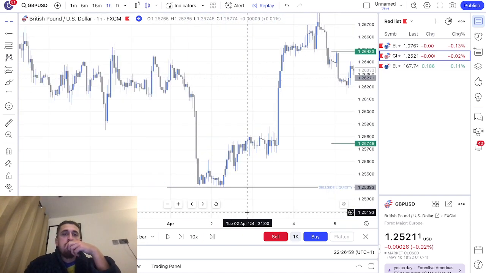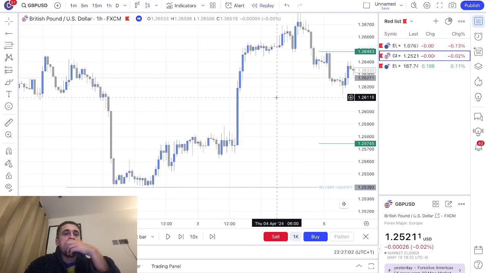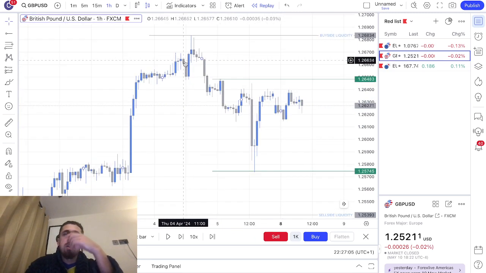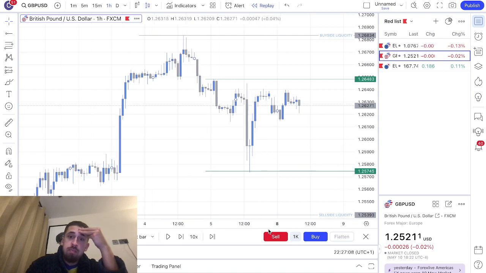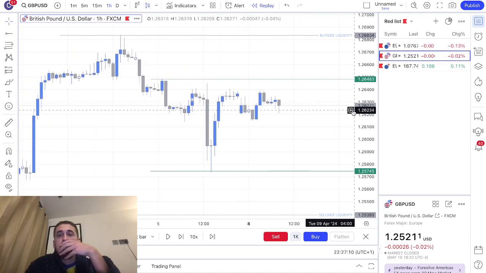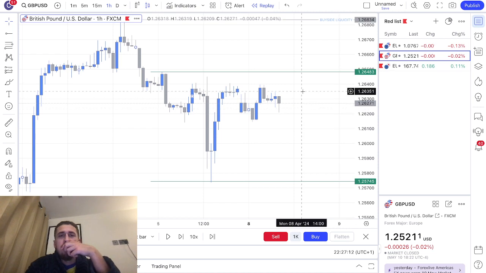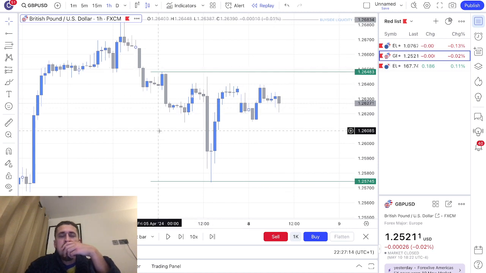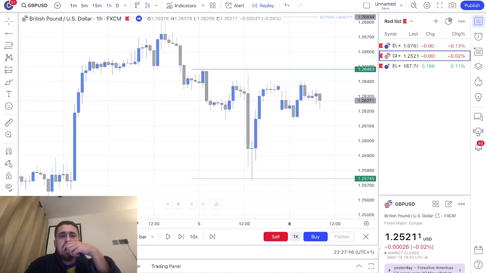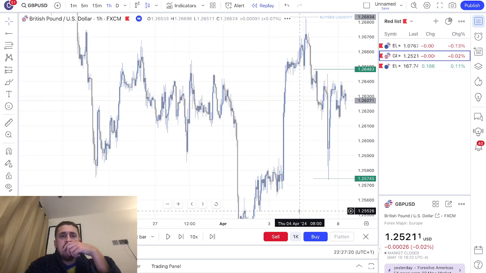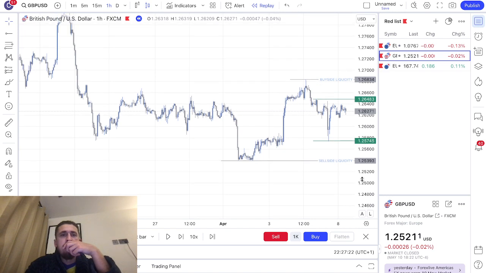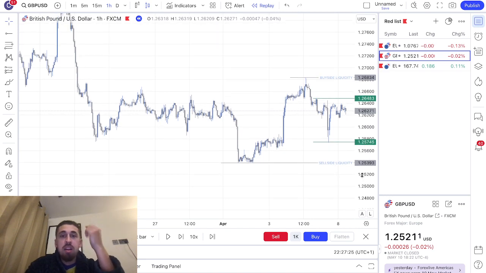So what about a situation like this then, where we've broken higher and we're actually pulling back to that? But I'm saying we need to focus on this as a range. If we zoom out too much, then it gets complicated.